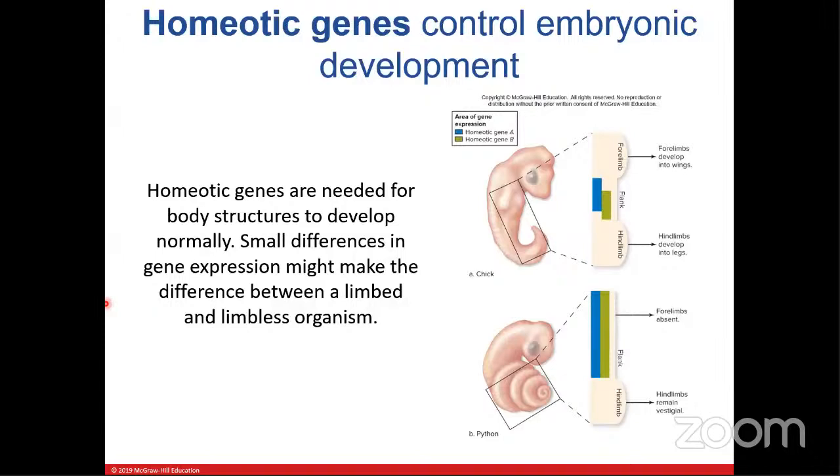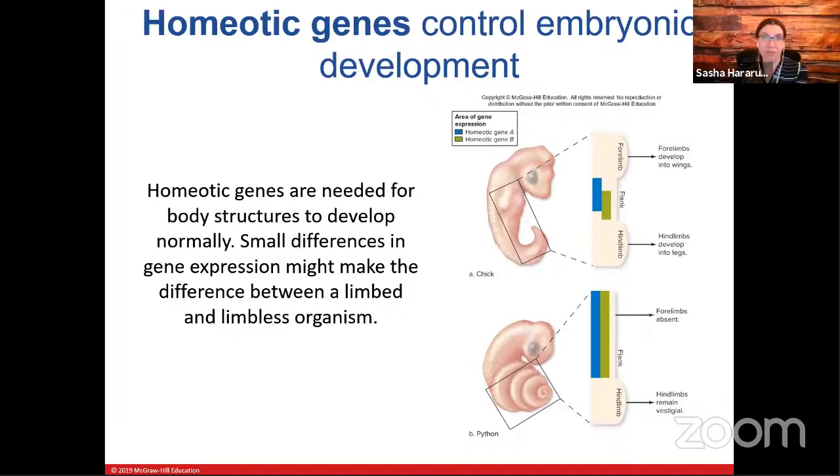So, could there be a chance of a gene alteration or just some weird thing, so that a python could have legs that don't do anything? Yeah, potentially it could happen if there is some sort of mutation or some random thing that happens during DNA replication, and the fetal tissue will have forelimbs expressed in a small region.